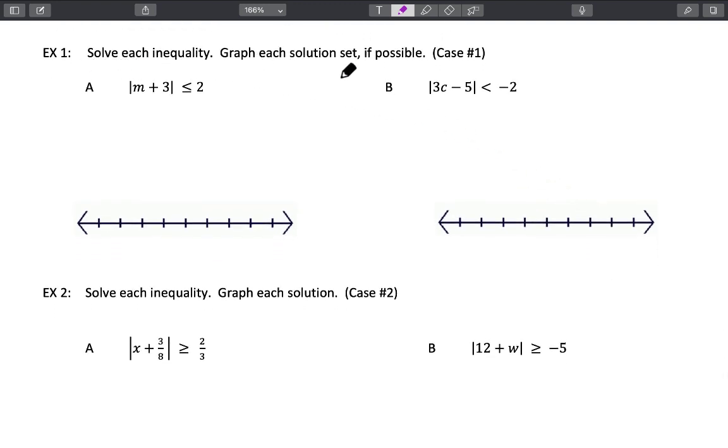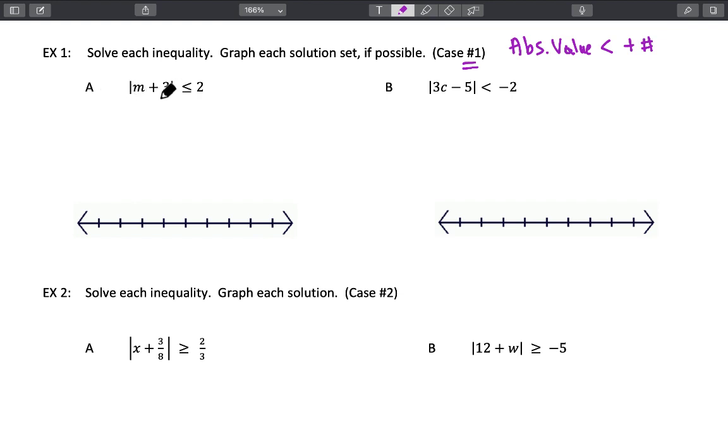Solve each inequality, then graph the solution set if possible. Notice that these two examples, A and B, are both case number 1, where we have an absolute value that is less than a positive number. I'm just going to jot that down up here. So we're going to create AND statements here.